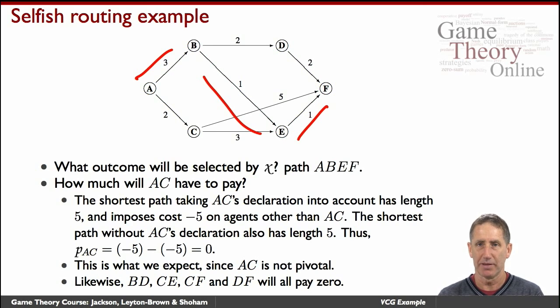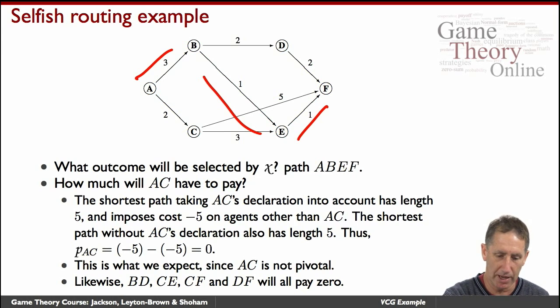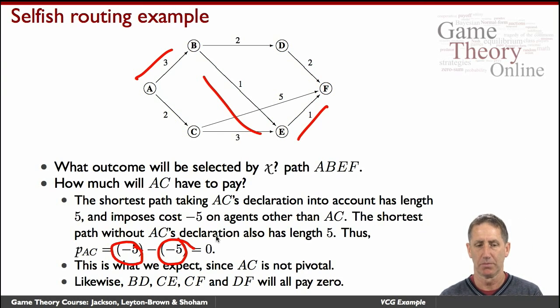Well, it would have been the very same path, so the shortest path, and so the cost would have been 5 also. And so the amount that AC pays, if you wish, is the difference between the cost to the agents with him in the picture and the cost without him in the picture, which of course is 0.